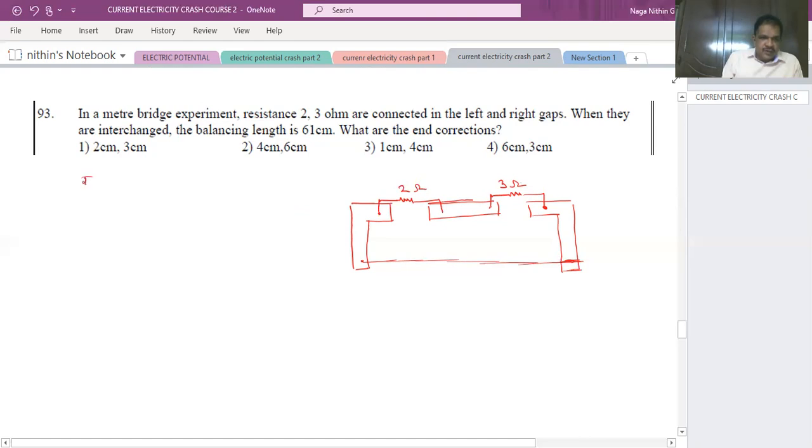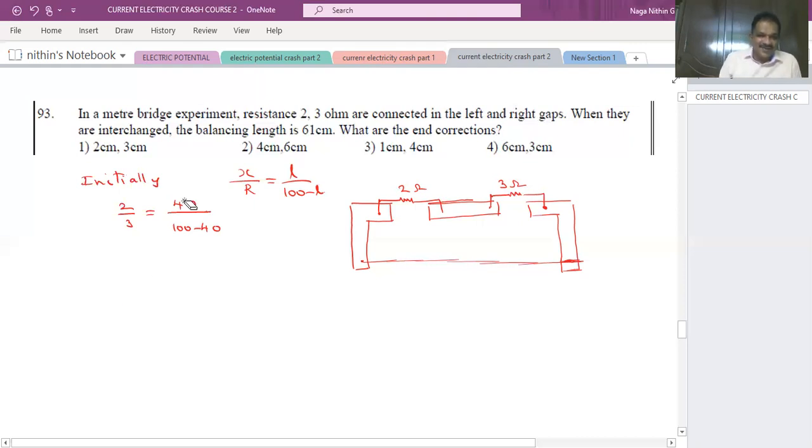So initially, 2 by 3 is equal to 40 by 100 minus 40. X by R is equal to L by 100 minus L. What is the balancing length? We don't know here.